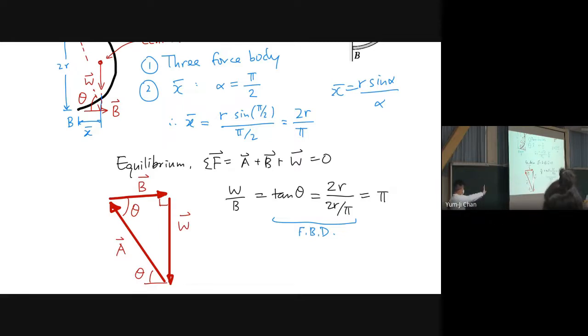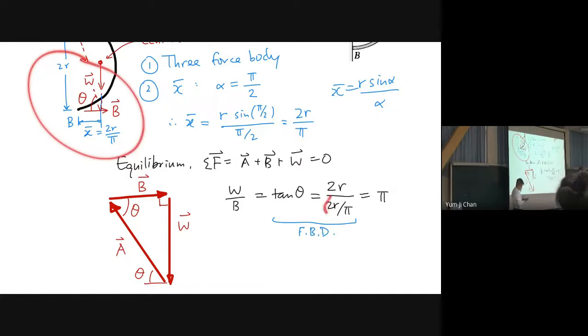The right-hand side comes from the free body diagram above, because this x bar is equal to 2R over pi, so from here we'll know this one. Of course, I'm going through quickly, so please take a look at home as well.